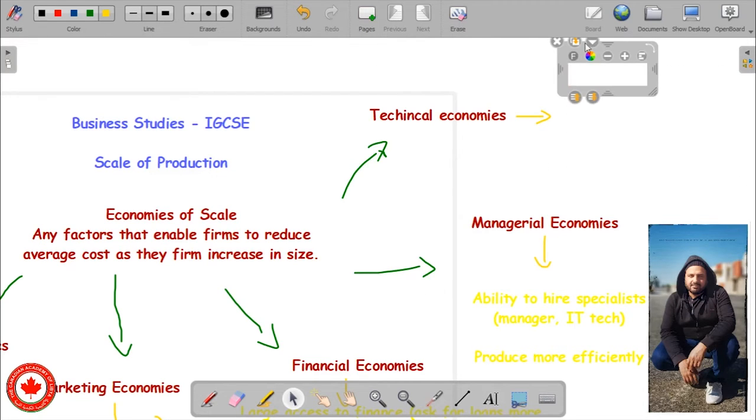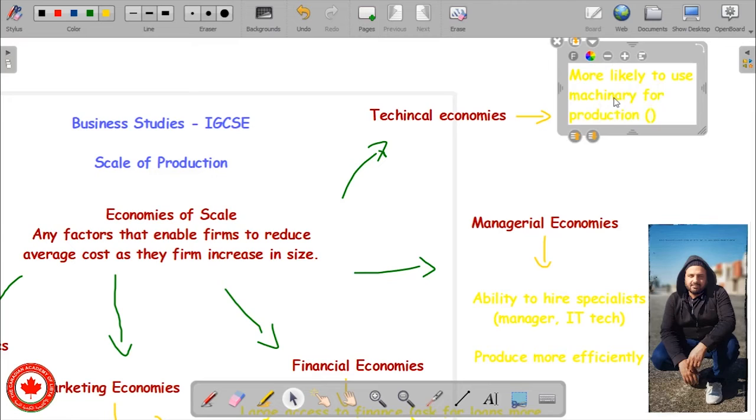They are more likely to use machinery for production. When we talk about machinery, we're talking about using the flow production style.